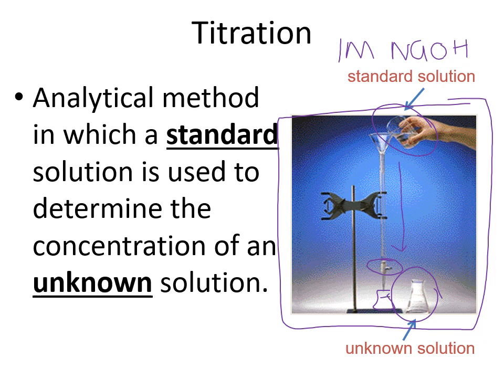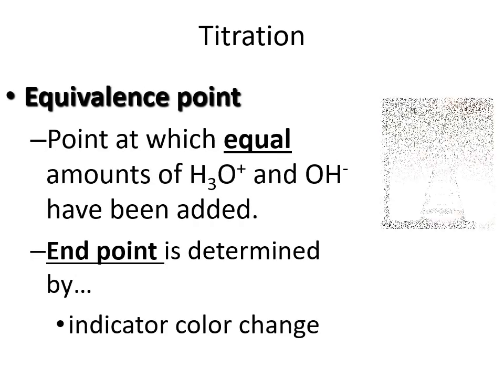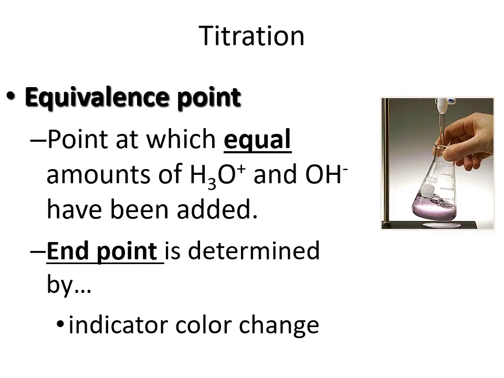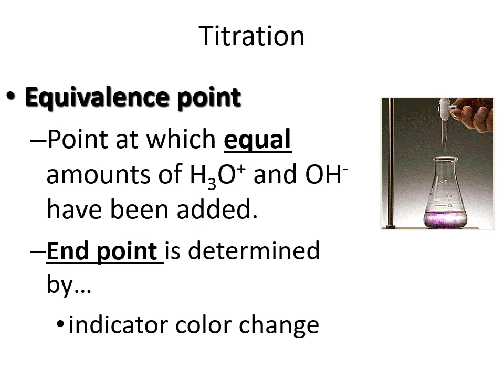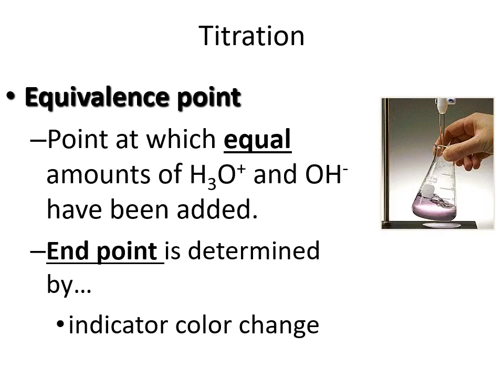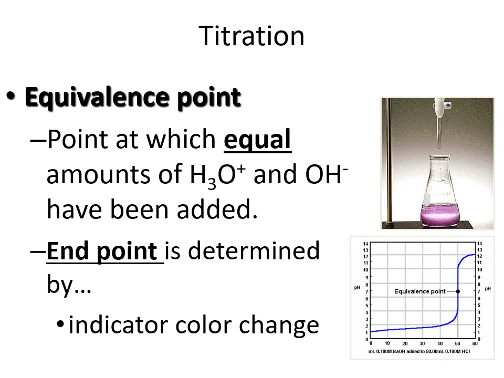It will go down, and this has measurements so you can know how much base is being added, and eventually the color will change because you've added an indicator to it, and that tells you it's got a neutral pH. And when the color changes, that's called the equivalence point.